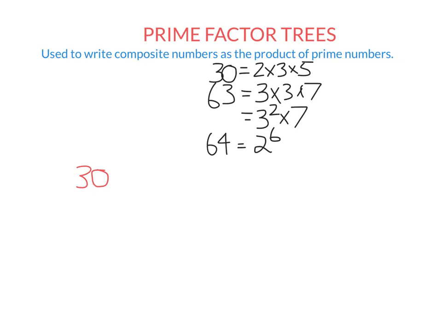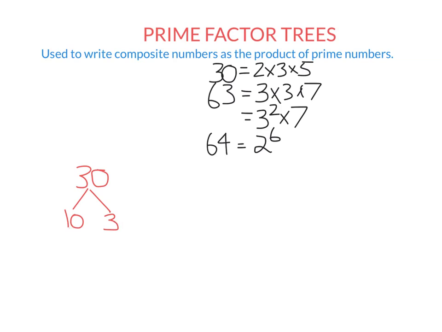Doesn't matter whether or not they're prime. You can write 30 as 10 times 3, 15 times 2, 6 times 5. It doesn't actually matter which of those you choose. So let's say I choose to write 30 as 10 times 3. Now, 10 is not a prime number. It's composite, but 3 is.